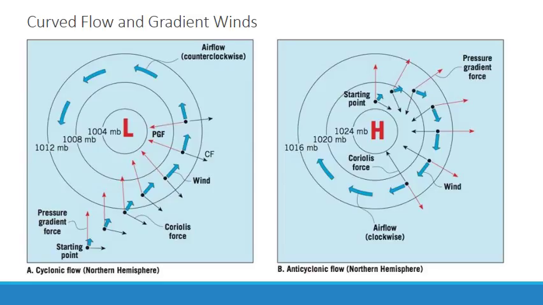The inward turning of the air is called centripetal acceleration. Stated another way, the pressure gradient force must exceed the Coriolis force to overcome the air's tendency to continue moving in a straight line.